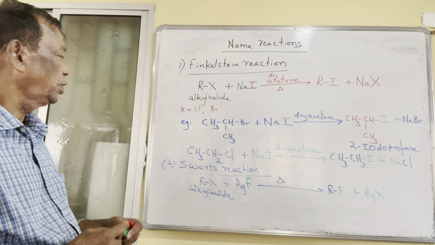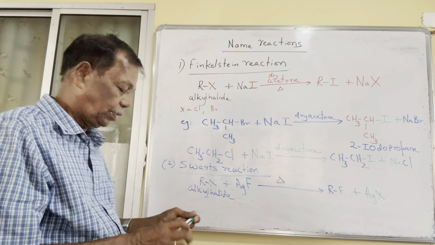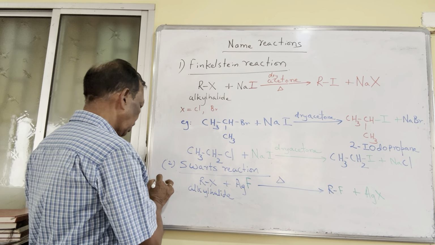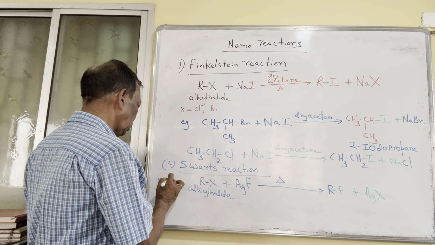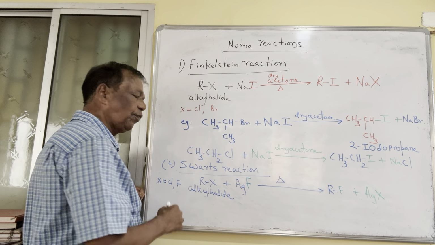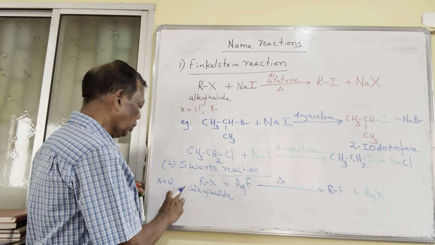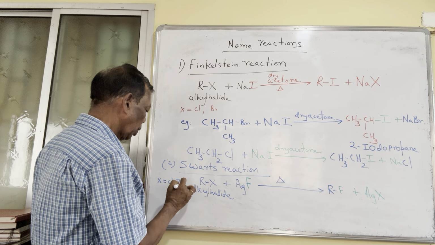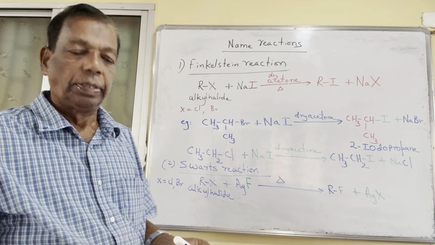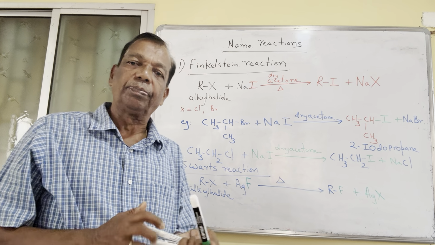So this reaction is called Swarts. Again, X here can be chlorine or bromine, mostly chlorine and bromine. Now even if you take iodine also, it can be replaced.